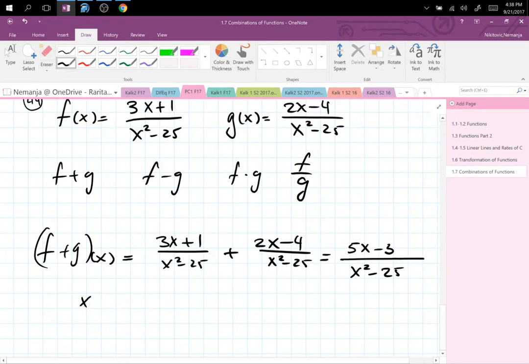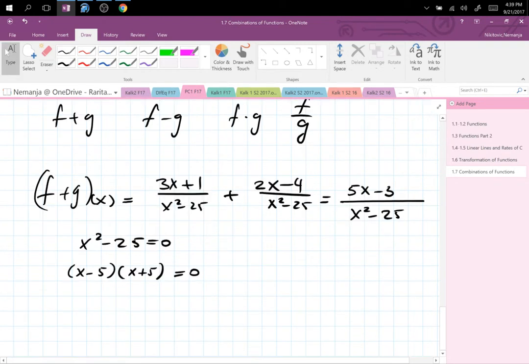Right? When you set up the equation and solve it from your algebra class, you can factor the quadratic and get that x is 5 and x is negative 5.